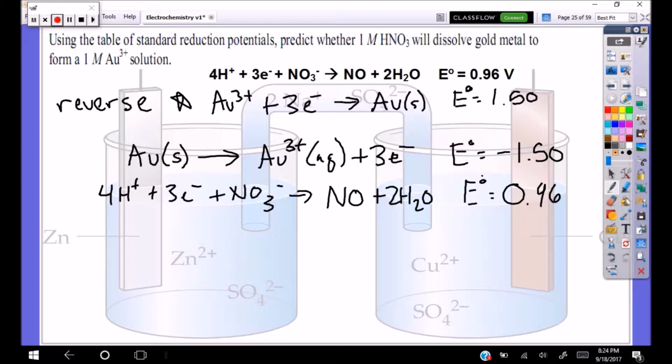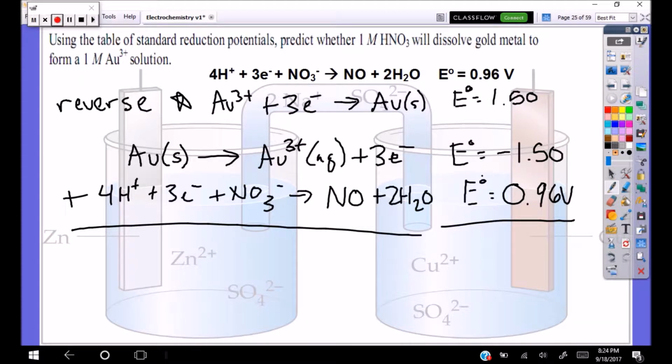So we add everything together. I'm not even going to write out the reaction down below. What I really care about is this section here. If I add these together, 0.96 plus a negative 1.5, we end up getting a cell potential of E equals negative 0.54 volts. So then we need to be able to explain it.